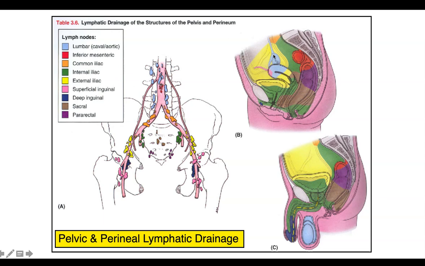Embryologically, during fetal life, the testis and ovary both descend from the lumbar region. The ovaries take their position inside the pelvic cavity, but the testis goes outside the pelvic cavity through the deep inguinal ring, inguinal canal, and superficial inguinal ring, and takes its position within the scrotum. But it keeps its blood supply, nerve supply, and lymphatic drainage. So that's why the lymphatic drainage of the testis and ovaries is into the lumbar group of lymph nodes.